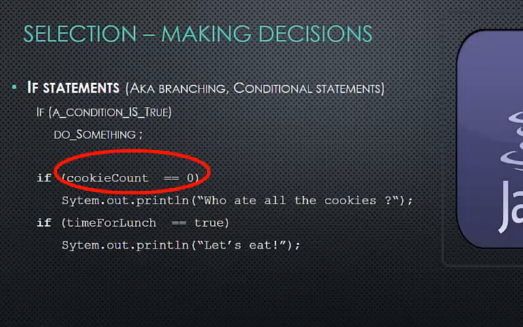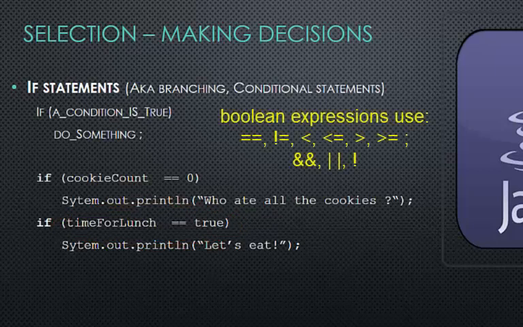The first one is checking integer cookie count to see if its value is now 0. The second one is testing a Boolean variable. Is the time for lunch variable equal to true? We can use our relational operators, and we can combine different conditions with the relational operators and the logical and, or, not operators.